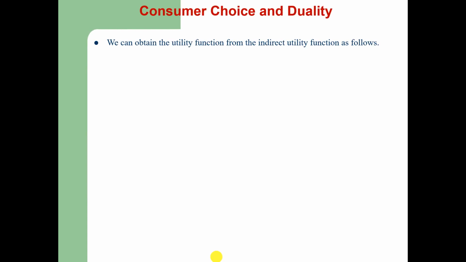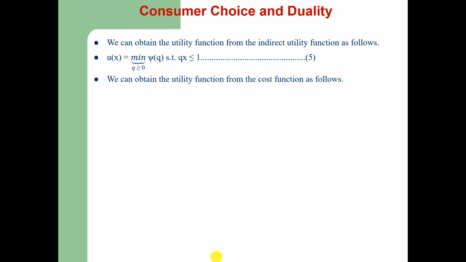We can obtain the utility function from the indirect utility function as follows, and this is the consumer minimization of expenditure. So we write this in this function. We can obtain the utility function from the cost function as follows.